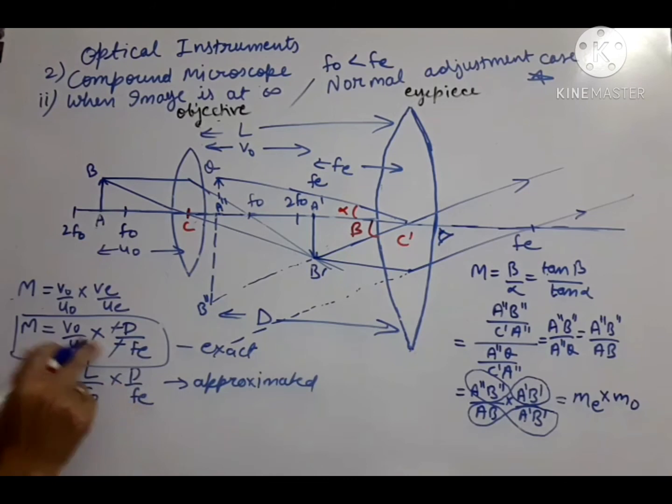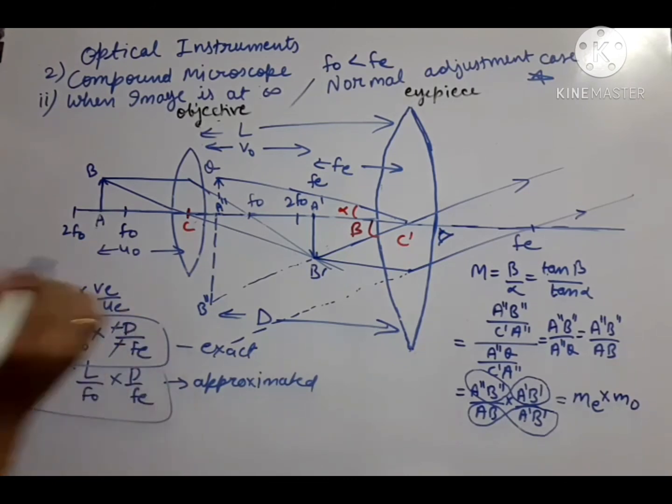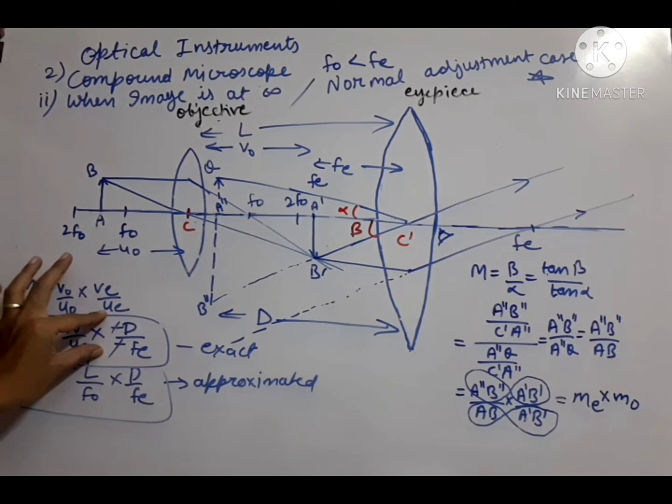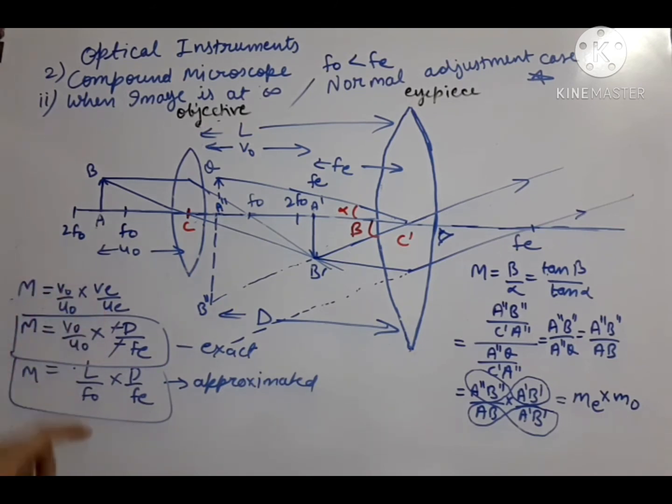You remember this formula only because values are generally given in the numericals of VO, UO that we can easily calculate. So this is the formula which we should remember, and you will notice one thing, that we can increase magnification. We want more magnification.